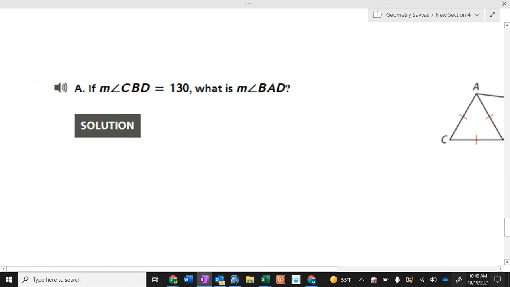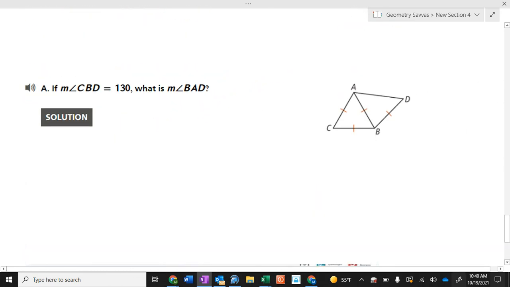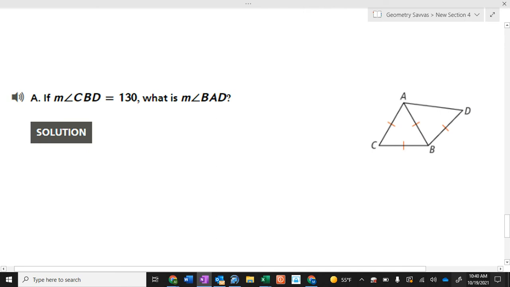All right. So in this, we want to figure out what is the measure of angle BAD, this angle here. Well, what do we know about each angle in ACB? They're all equal to 60. Now, if CBD is 130, this angle right here is 130.